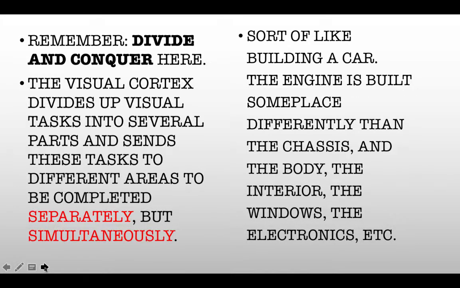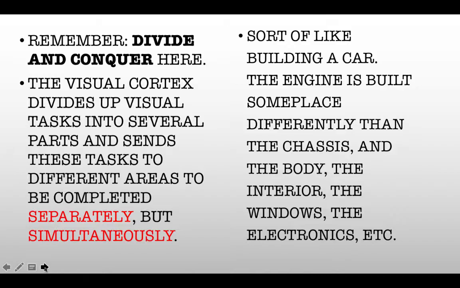Kind of like when a car is constructed, they don't make all the parts in that car factory, right? They put together the engine from parts built someplace else. They build the chassis in a different location, built from parts that are made in a different location.